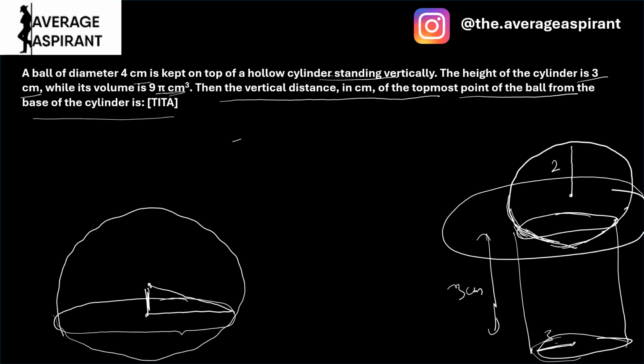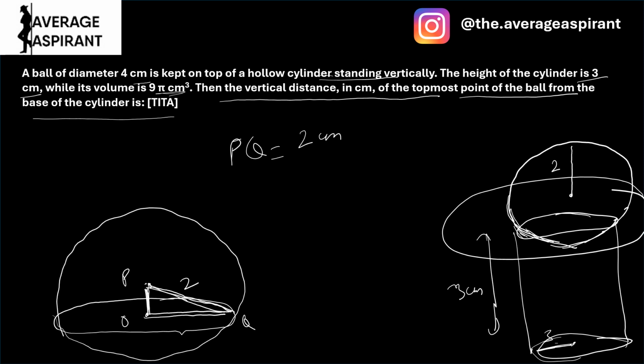If you just consider this particular triangle, what you will see is this is the radius. Let's just name it OPQ. So PQ is the radius of the ball or sphere, which is 2 centimeters. PQ is 2.